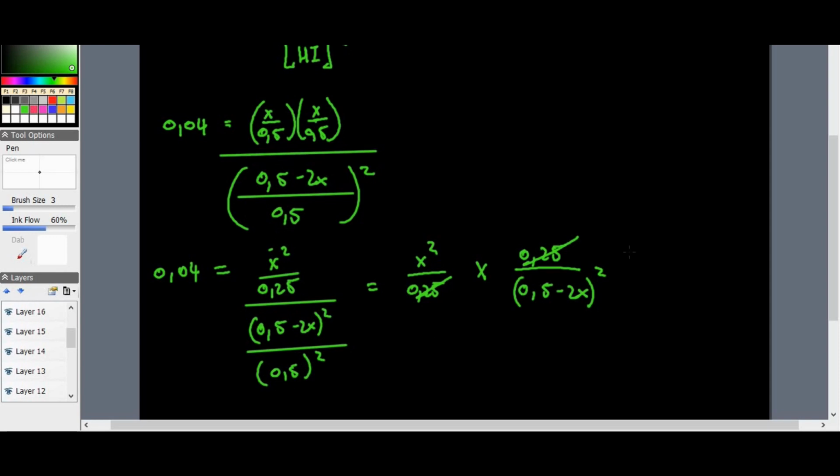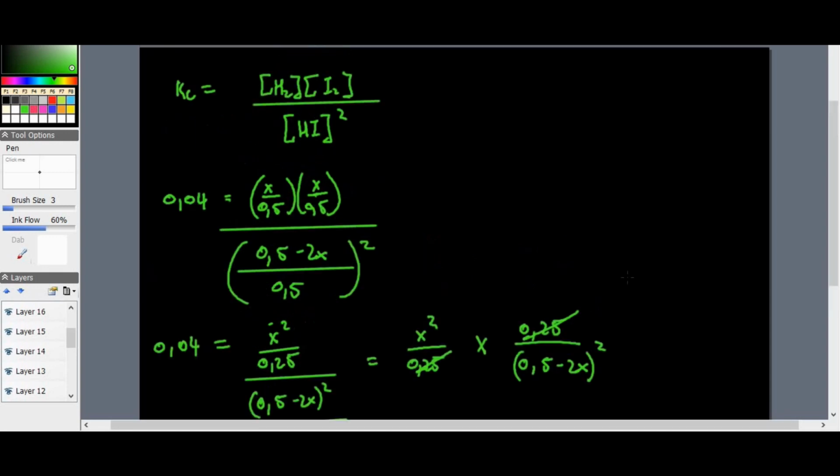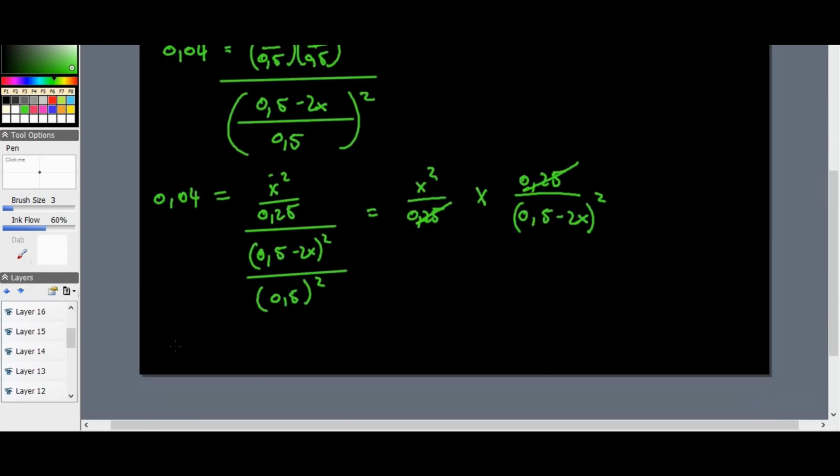It's simple, this is grade 7 fractions. So the 0,25 will cancel with this 0,25, which leaves 0,04 equal to x squared all divided by 0,5 minus 2x all squared.